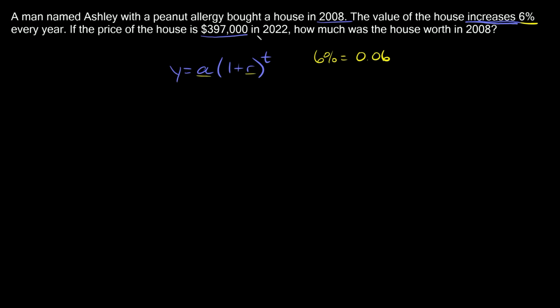And then the other thing that we know is our current or final price, which is y. Okay, so that's where this $397,000 goes. So that's going to go right there. Okay, so then we're going to say that 397,000 is equal to a times 1 plus our rate, which again is 0.06, raised to the t.